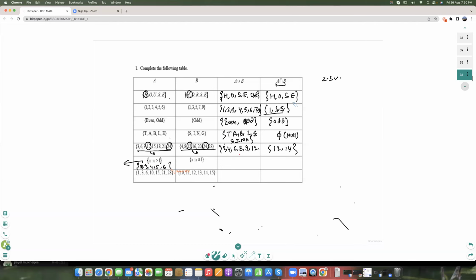But in the second case, what is it saying? x is less than or equal to 1. So it can go from negative infinity up to -3, -2, -1, 0, and 1 as well.